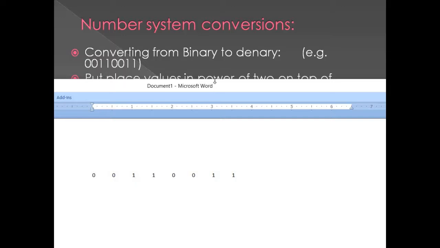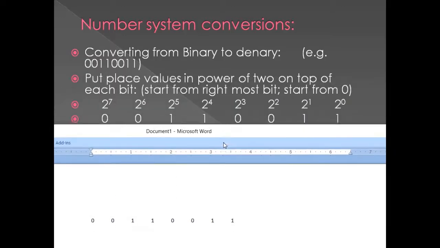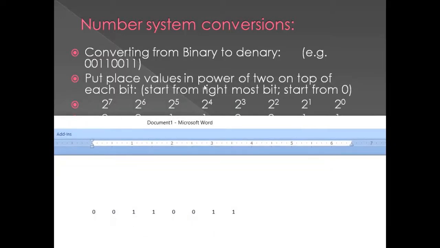Now the first thing you need to do is put place values in power of 2, and start from the right hand side, like this: 2 power 0, 2 power 1, 2 power 2, 2 power 3, 2 power 4, 2 power 5, 2 power 6, 2 power 7.